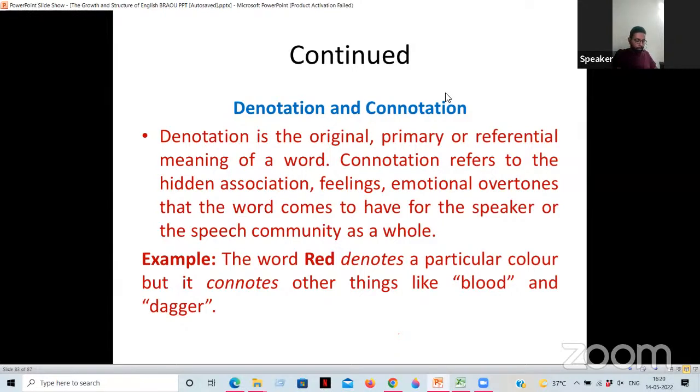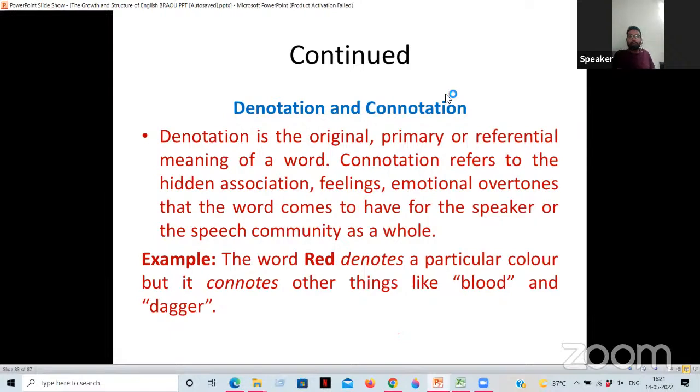As for example, see, the word red has only one meaning, that it's a particular color, but that is the denotation, that is the referential meaning. Red means something red, a color. But when you think deeply, you will find that it can also mean blood and dagger.